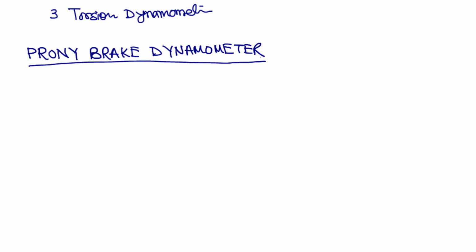A Prony brake dynamometer consists of two wooden blocks clamped together on a revolving pulley carrying a lever.